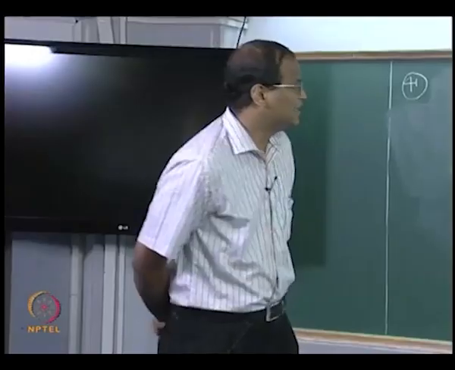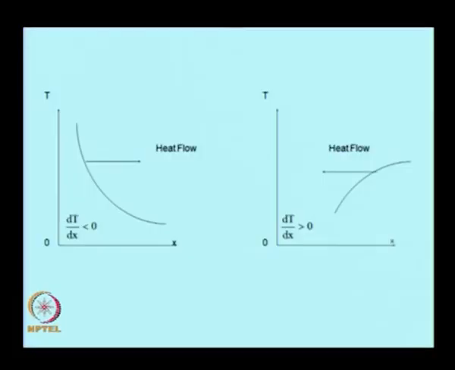If the temperature is decreasing along x, then the heat is flowing from left to right. If the temperature profile is like this, heat is flowing from right to left. So you must get an idea of the direction.